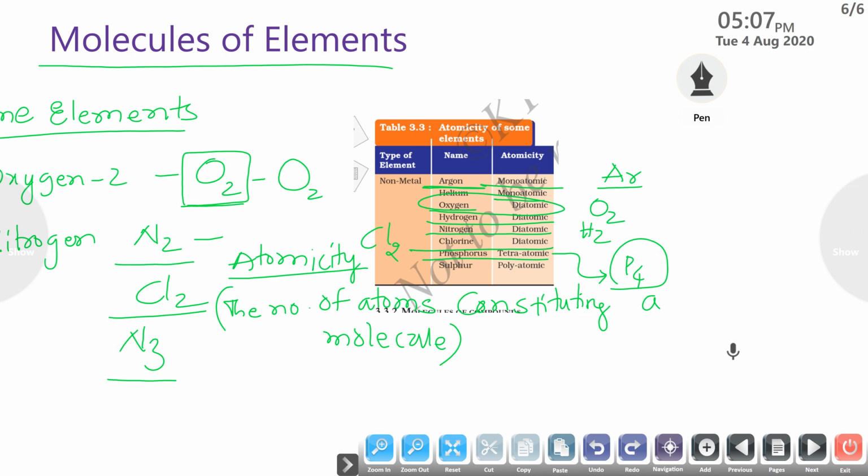Monoatomic means the molecule is made of a single atom. Diatomic means the molecule has two atoms of the same element. Tetra means 4 atoms of the same element. More than 4 is said to be polyatomic.